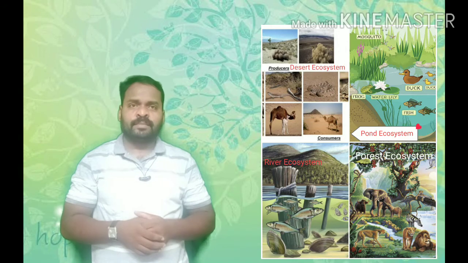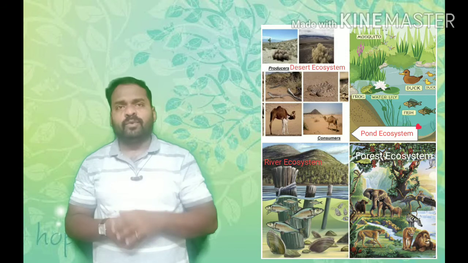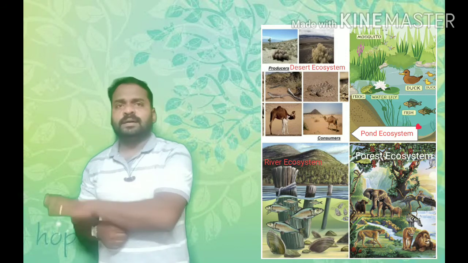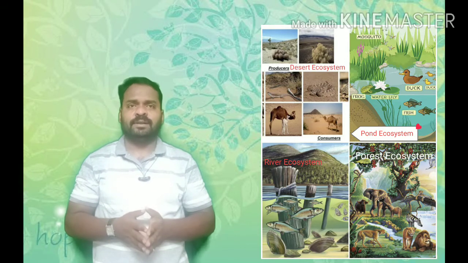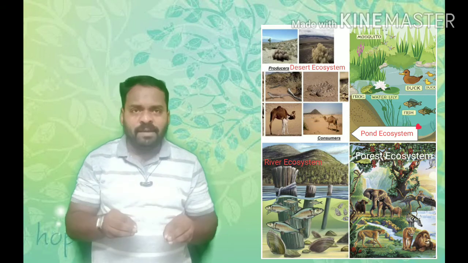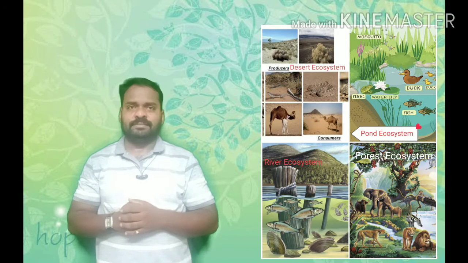In the forest ecosystem, the animals and plants included are different, and the plants and animals present in grassland ecosystems are different. It means that on the basis of the richness of the plants as well as the animals in an ecosystem, ecosystem diversity exists. So my friends, these are the three types of biodiversity: species diversity, genetic diversity and ecosystem diversity.